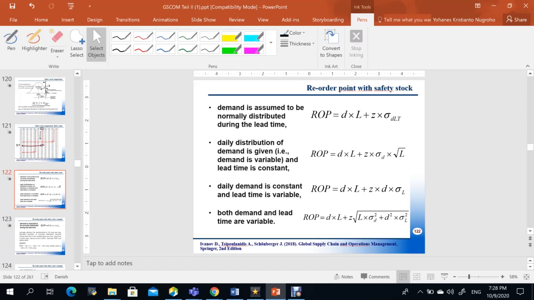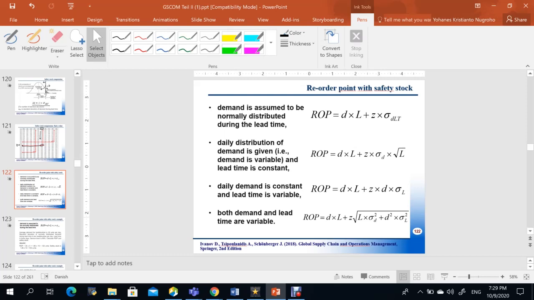If the daily demand is constant but the lead time is variable, then the third formula can be used. Finally, in a case that both demand and lead times are variable, then the last formula is used.